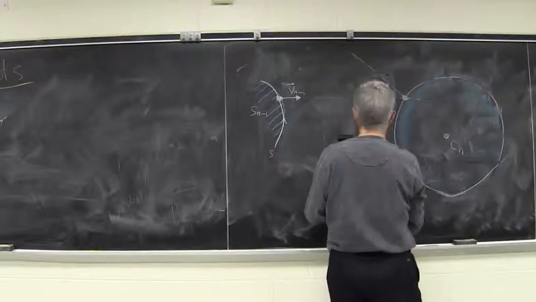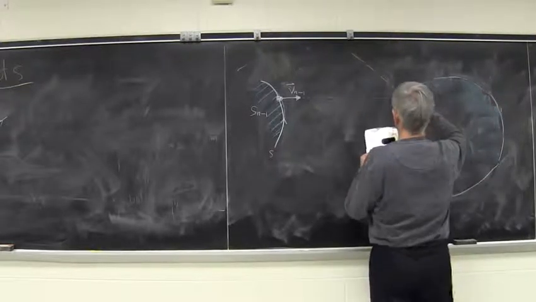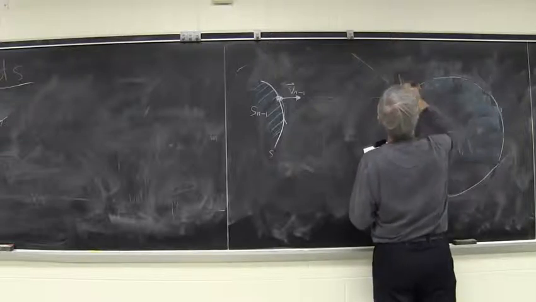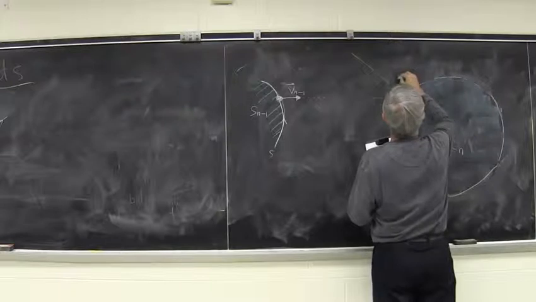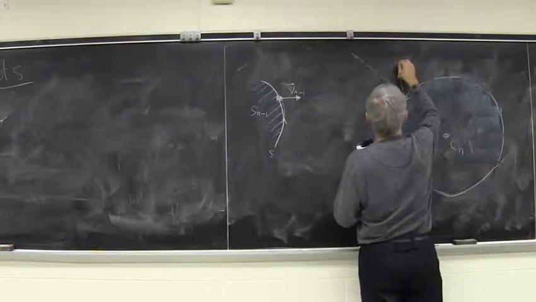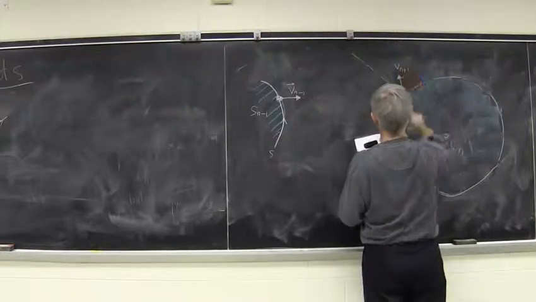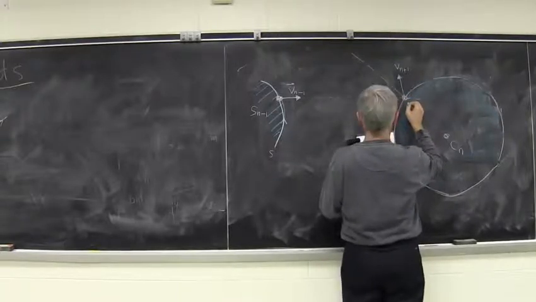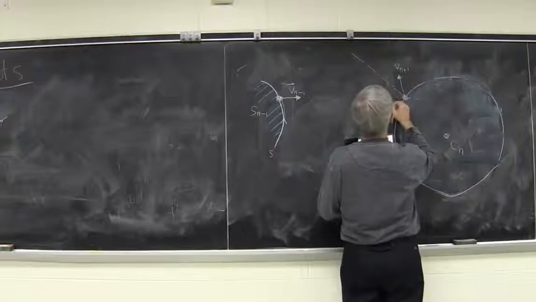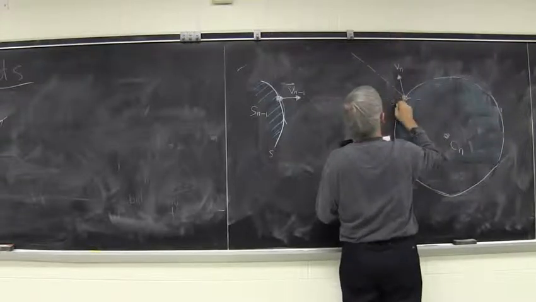And it exits specularly at the same angle. And that's v_n. And it hits the disk at the point s_n.